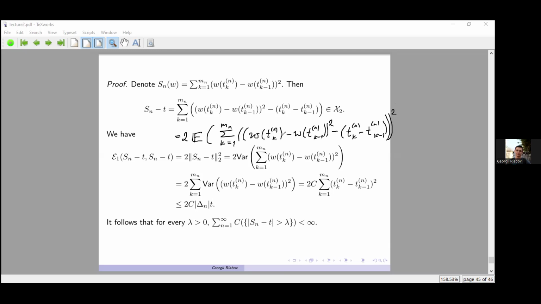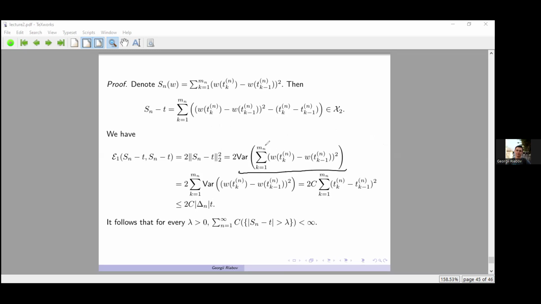Now let's note that the expectation of the increment of the Brownian motion squared equals t_{n,k} minus t_{n,k-1}. This means that from this sum of squares, we subtract its expectation and then take the square and expectation. So this is just the variance of the sum of increments of the Brownian motion squared.